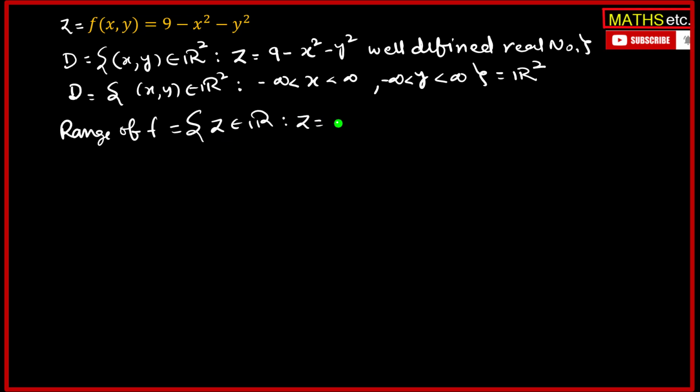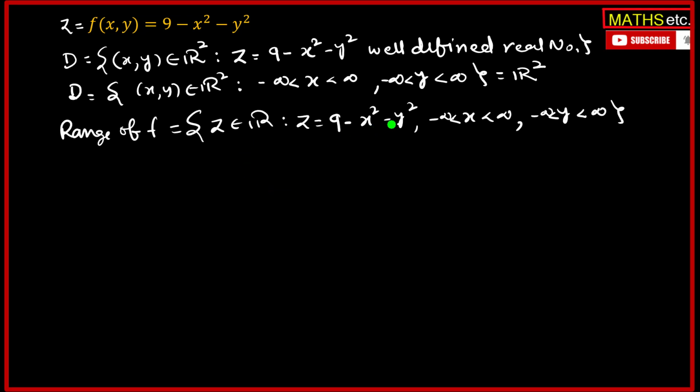Of course, these z will come from this rule 9 minus x squared minus y squared. But we should ensure that x is taking values in the interval minus infinity to infinity, and y is taking values from minus infinity to infinity. So one thing is sure, z will be a real number. It's a one-dimensional case.